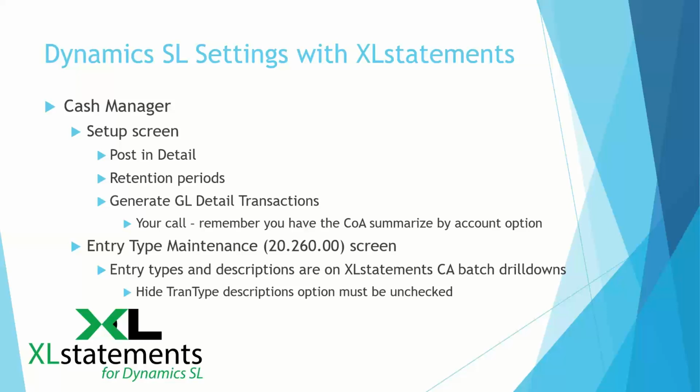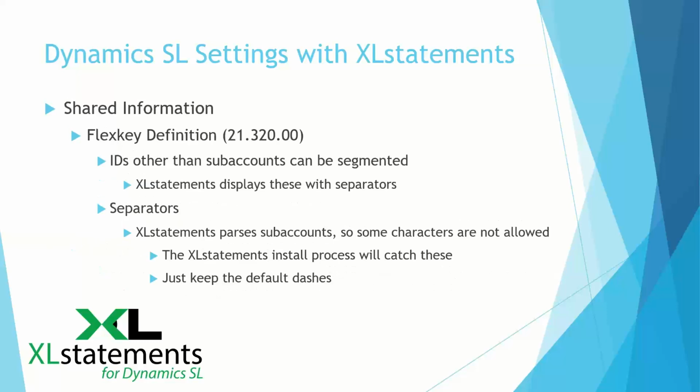Those entry types will show up as you're drilling down. If you drill down to a Cache Manager batch, it's going to show you the entry type and then the description that you've created for that entry type as well, which can be kind of nice for identifying what those transactions are in a Cache Manager batch. Those are your cache account transactions.